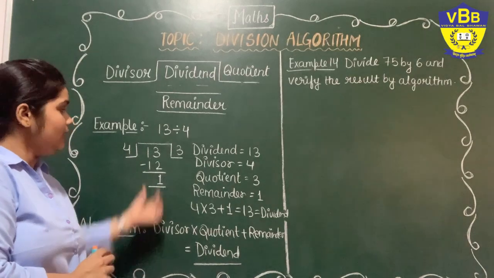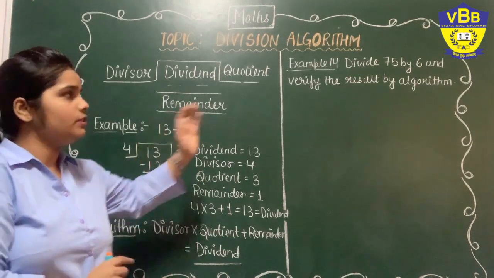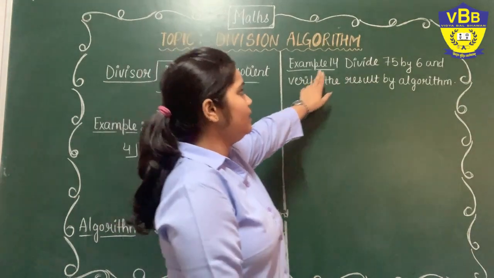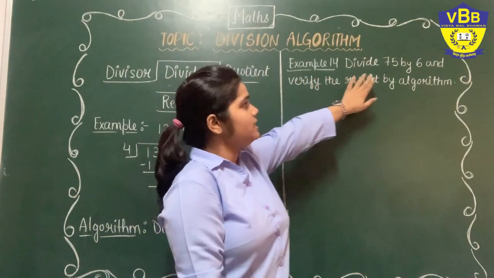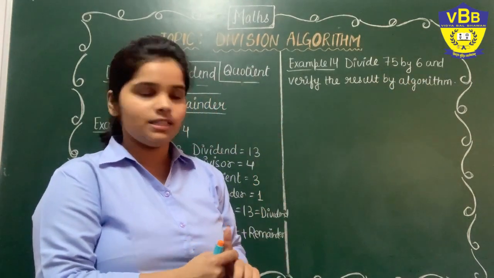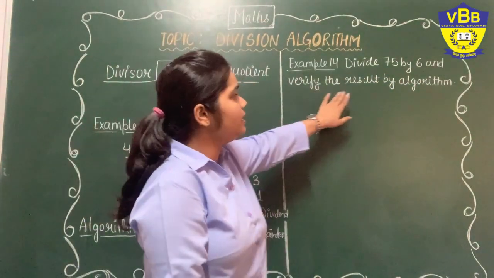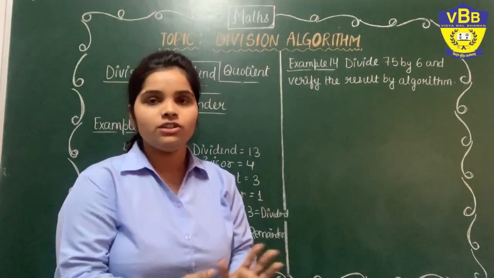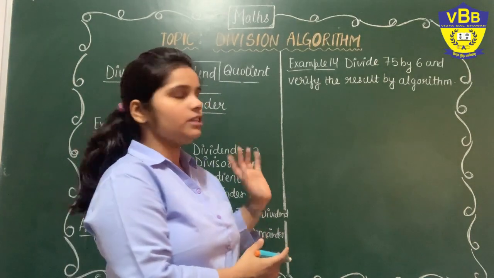So let's understand this division algorithm with an example written here, that is example number 14. Divide 75 by 6. First you need to divide 75 by 6, and then you have to verify the division you have done by the division algorithm.